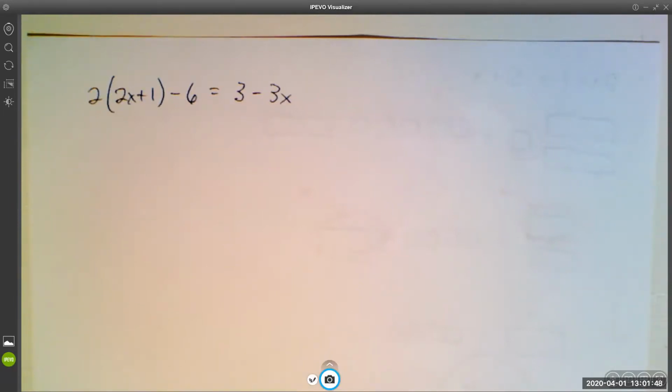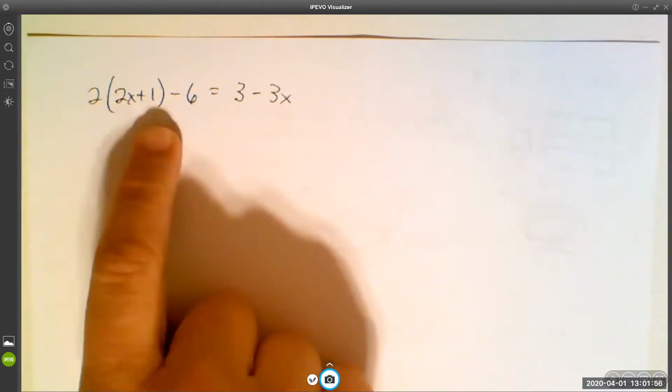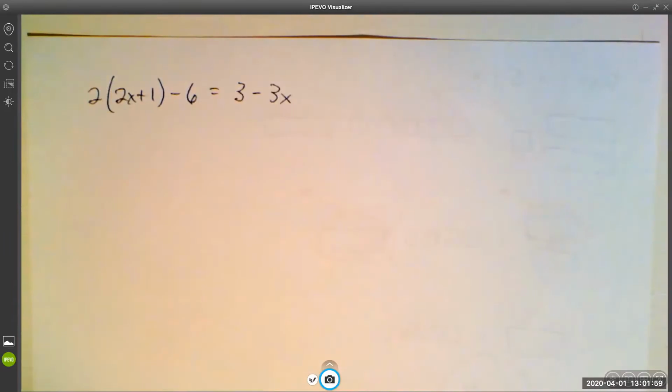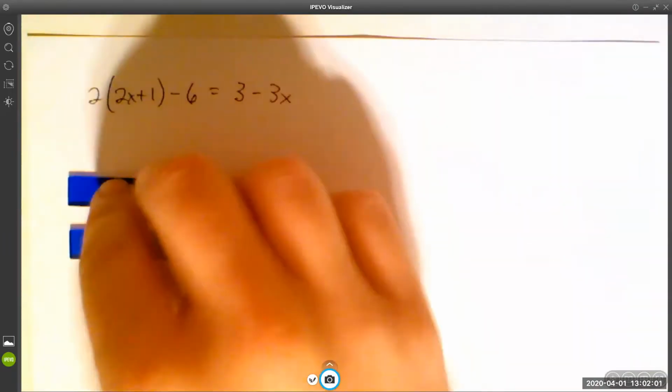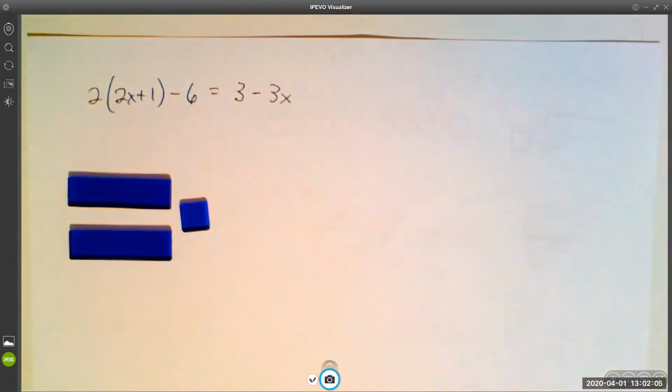If you just let the tiles do the work, and think about what this means: 2 copies of 2x plus 1. So here's 1 copy of 2x plus 1. Here's another copy of 2x plus 1.